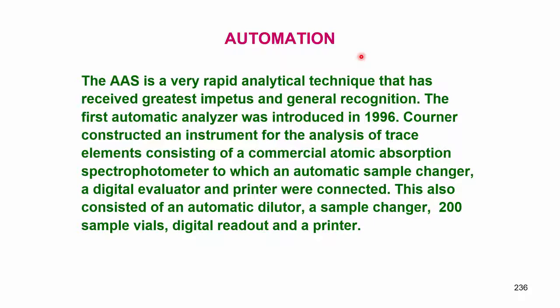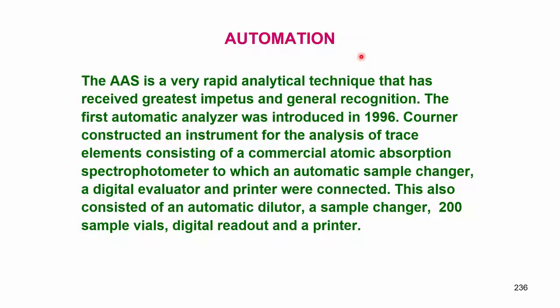The first automatic analyzer was introduced in 1996. Nowadays, many instruments are there. So, the coroner constructed an instrument for the analysis of trace elements consisting of a commercial atomic absorption spectrometer, to which an automatic sample changer, digital evaluator and printer were connected.